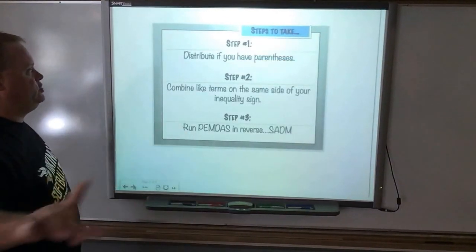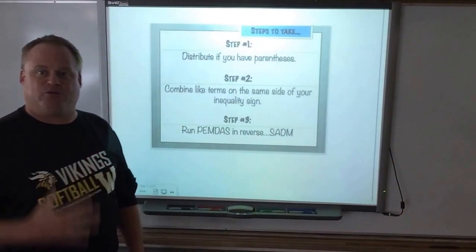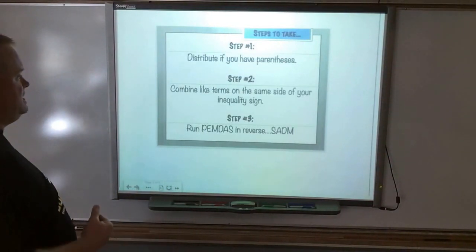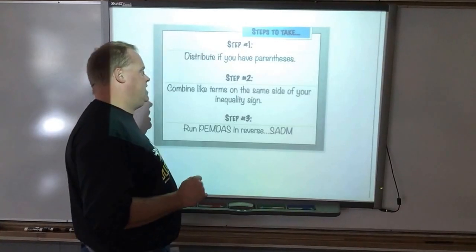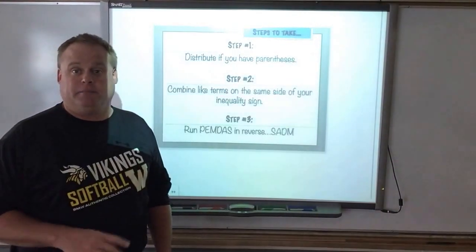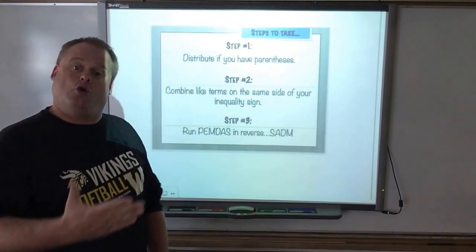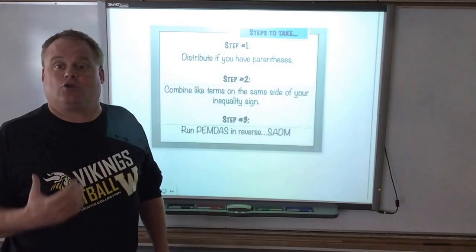The first thing that you need to remember is we're going to distribute if you have parentheses. The second one is I'm going to combine like terms on the same side of your inequality sign. Remember, when we combine like terms or simplify, it's always on one side of the equation, or in this case, the inequality.